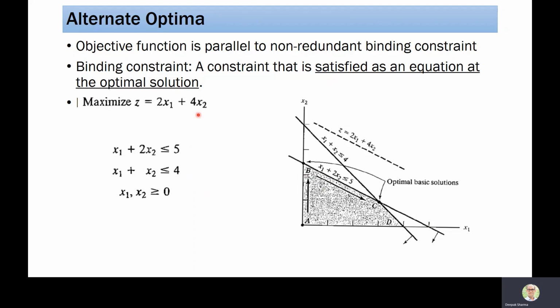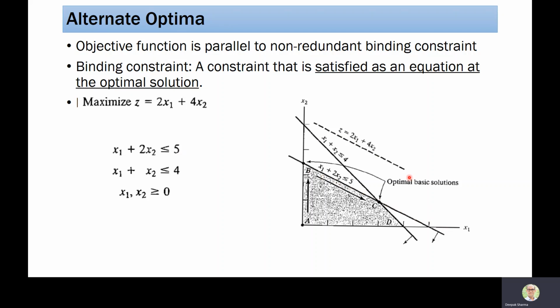Now look at the equation of the objective function, 2x1 plus 4x2, and look at constraint equation number 1. If you look at the slope, you can find that the slope of Z is parallel to constraint line 1. The same you can see in the figure: the dashed line is parallel to constraint 1.